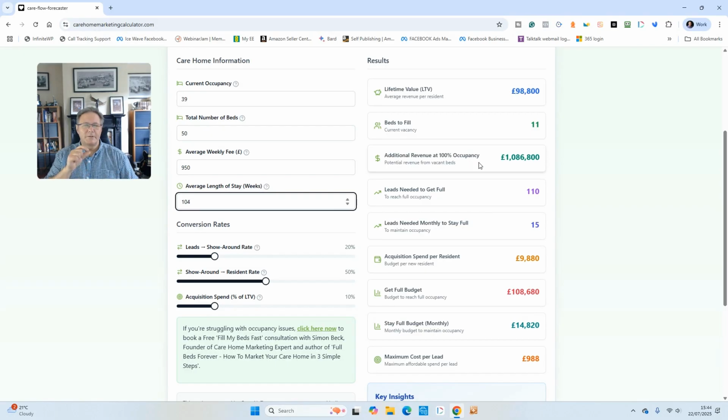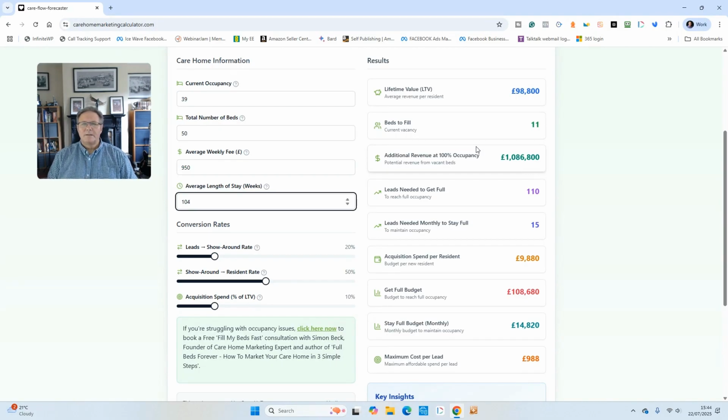The additional amount for additional residents beyond 80% is only a tiny fraction of additional cost. So therefore, all the money that you're generating from that difference, those 11 beds, the vast majority of that is going to be profit.